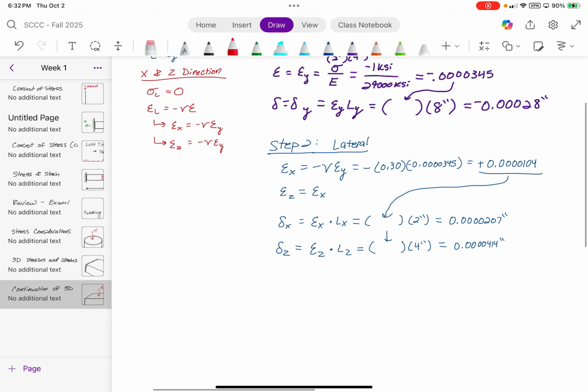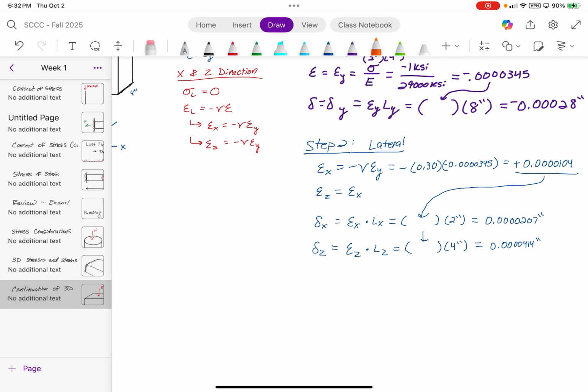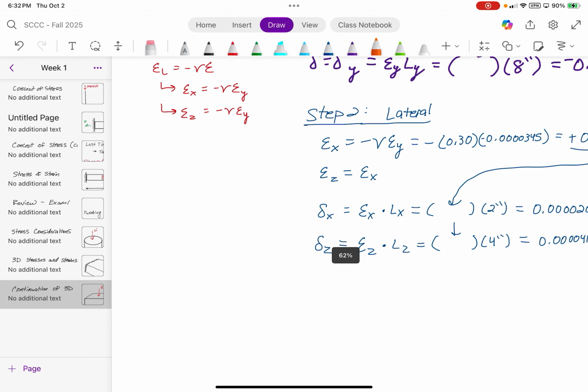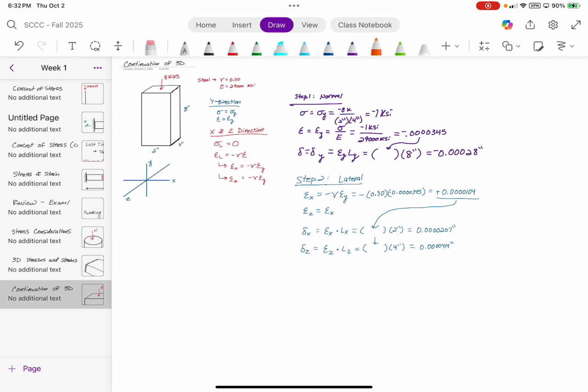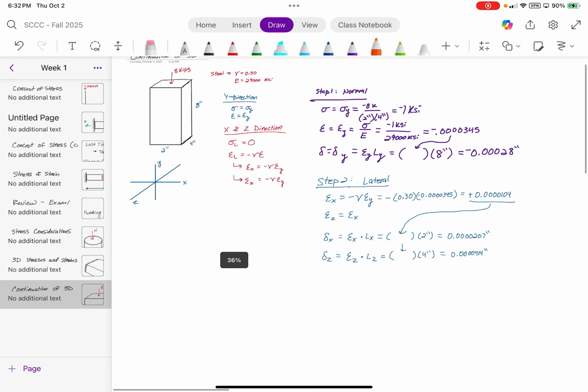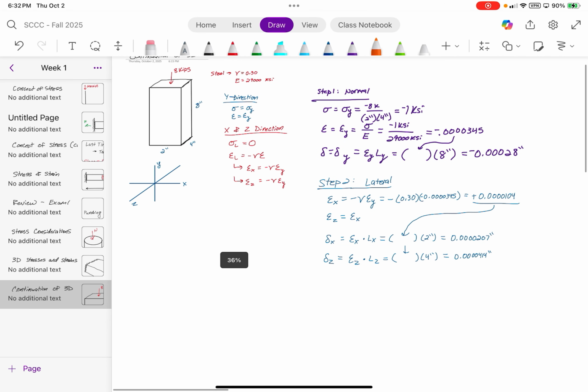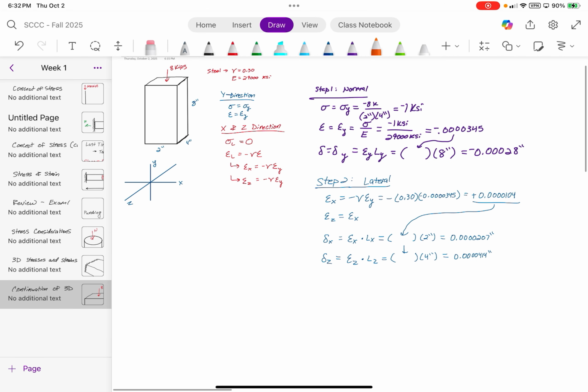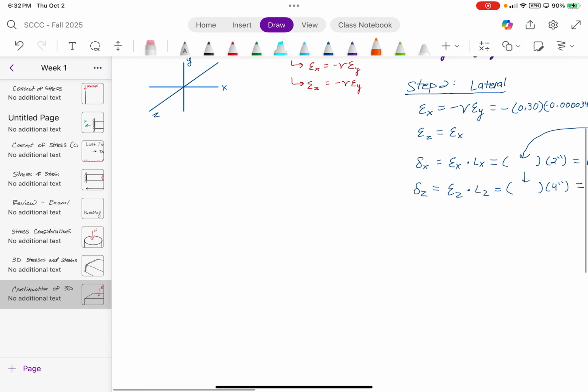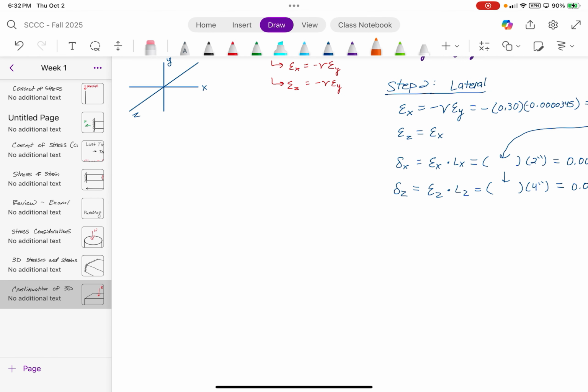Now, one of the things we can do, if we were interested in finding an area change or a volume change, is first find all of the final values of the length, width, and height of the block. I'm actually going to do it. I was going to change the values, but you're just going to have to bear with all of the decimal values. Sorry about that.